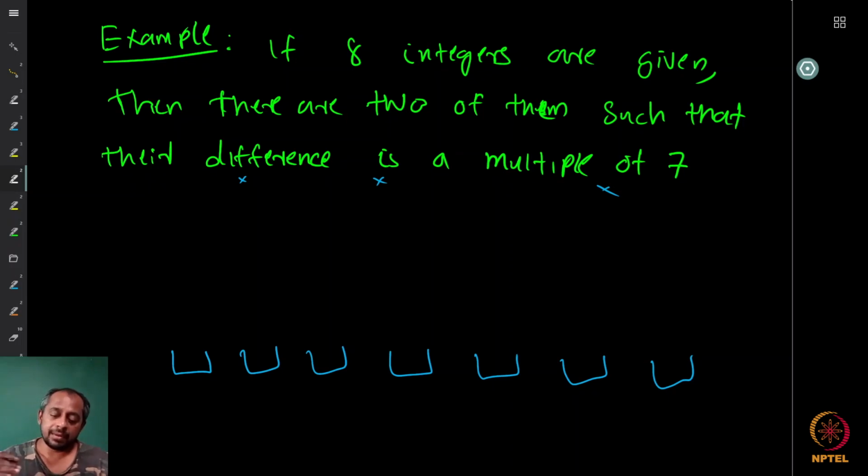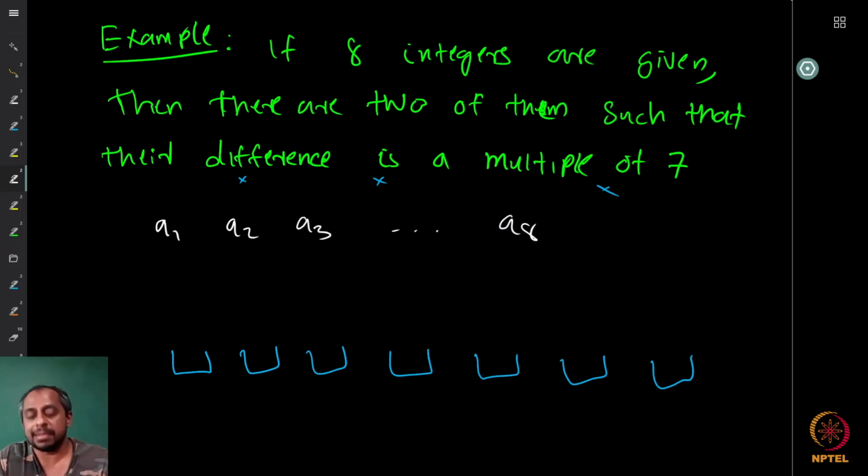Okay. So we are given 8 integers, and we have to show that the difference is a multiple of 7 for some pair of them. So what we are going to do is take our integers and divide all of them by 7, one by one. I take the first number, let's say A1, then A2, A3, and so on up to A8.